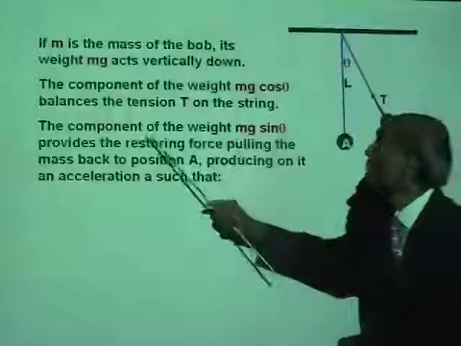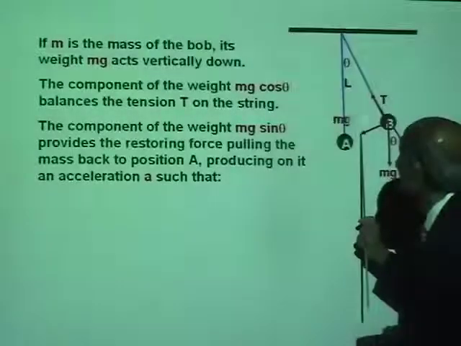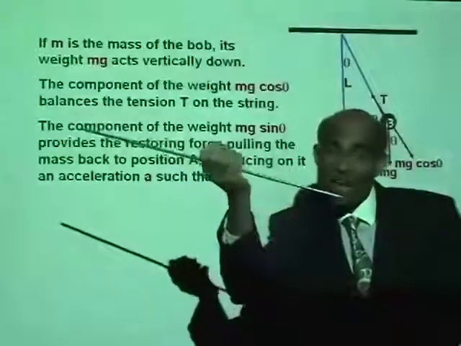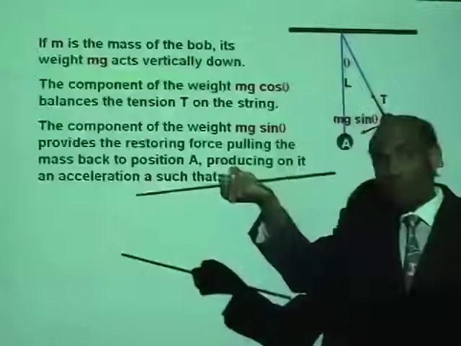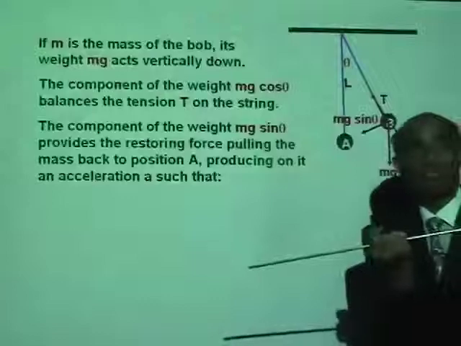And the component of the weight mg sine theta, look at this component. What is the function of that? That is the restoring force, the force pulling the pendulum bob back to the equilibrium position.